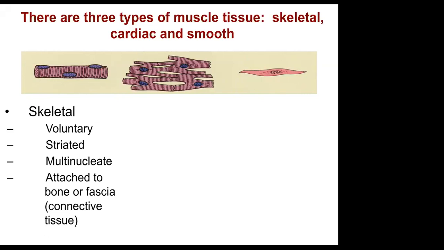Up here in the drawing, we have a representation of a single muscle cell. We actually don't see the beginning or the end. We just see that it's very long and cylindrical. And that's an important characteristic. Skeletal muscle cells can be very long, and again, they're cylindrical in shape.